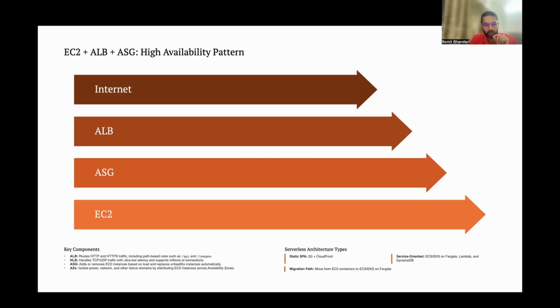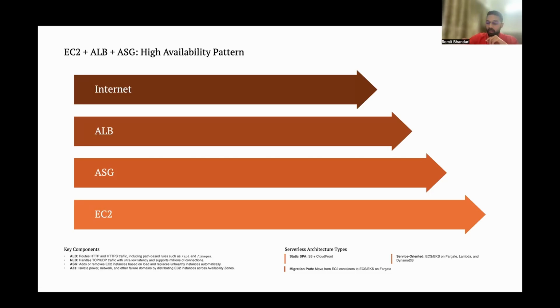So there is one concept called ASG in AWS where it automatically adds or removes EC2 instances based on the load. It identifies that the load has increased, so it's time to add one EC2. Otherwise, without ASG you would have to keep on monitoring your Splunk or your Grafana, and take a call when the load becomes high, or when users start complaining about the loader keeping on coming, then you go ahead and change it.